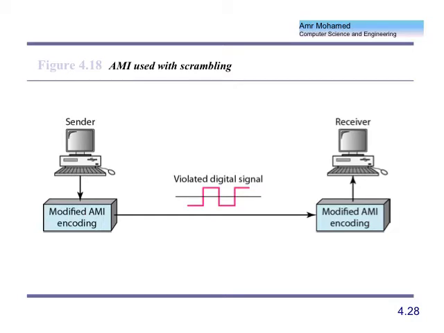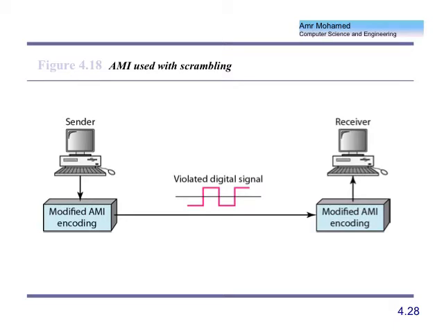So we need to do it carefully in such a way that instead of sending constant voltage 0, we send some different voltage levels, but the receiver has to be able to recognize these different voltage levels as not the actual data.